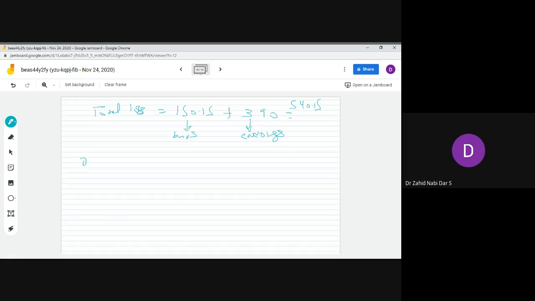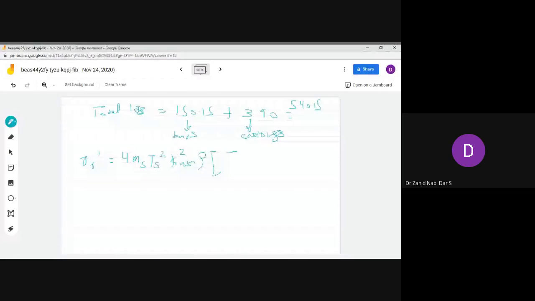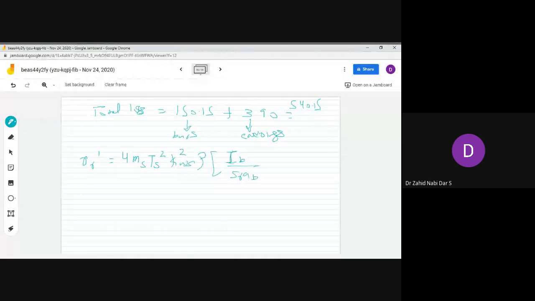So equivalent resistance RR dash would be equal to 4 ms TS square KWS square rho by SR AB, this is LB, plus twice DE by pi P square AE.